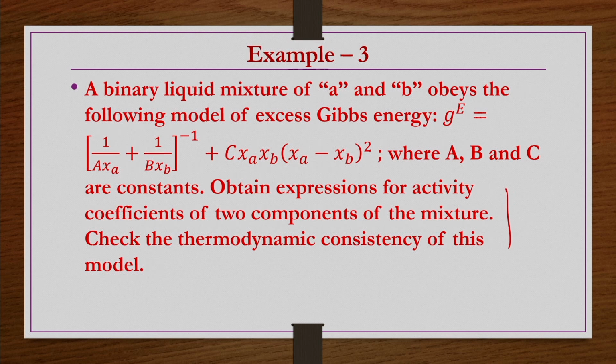So, this question is again similar to example 1. First obtain ln gamma A and then ln gamma B, then check whether thermodynamic consistency exists or not. It is quite a similar problem to the one we have already done.